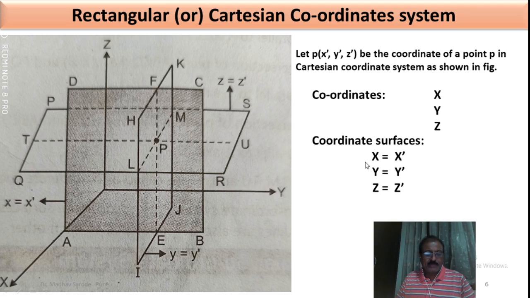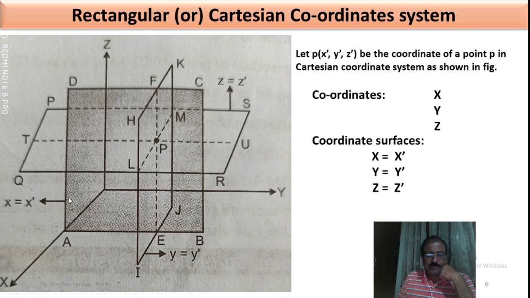What does it mean? See in this figure, the plane ABCD is parallel to the YZ plane. At each point, the value of the x coordinate is x dash, that is, x equal to x dash.